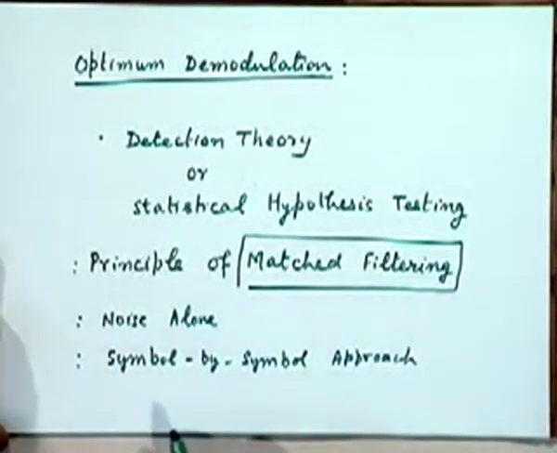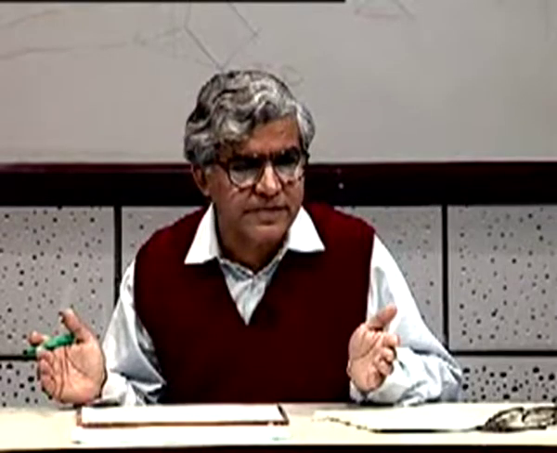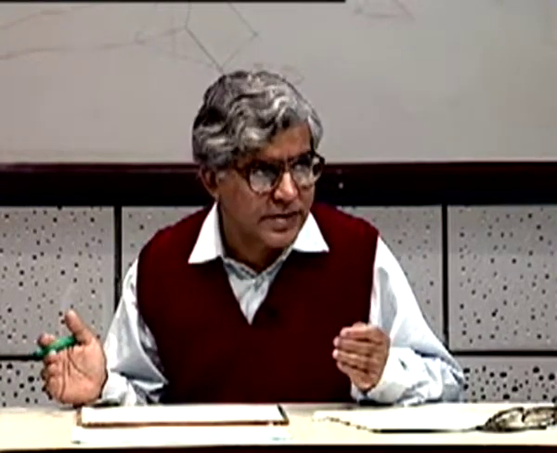And so the problem is considerably simplified if we make these assumptions, because all we are looking at is one symbol interval. In a given symbol interval, we know we are likely to get one of several possible waveforms, and we would like to obtain some method for deciding which.